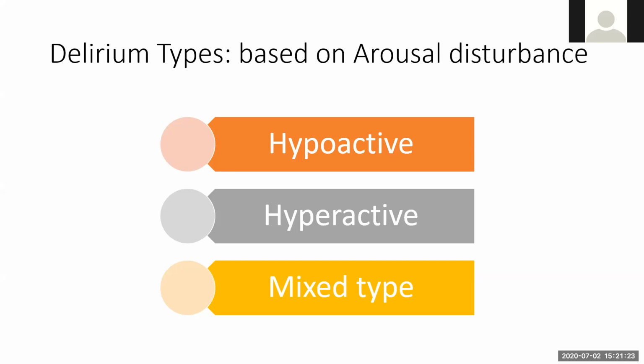Most often we tend to miss hypoactive delirium because we often think that only patients who are so-called violent are termed as delirious. So it is important to also see the other side of it.